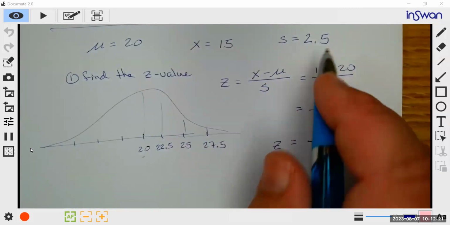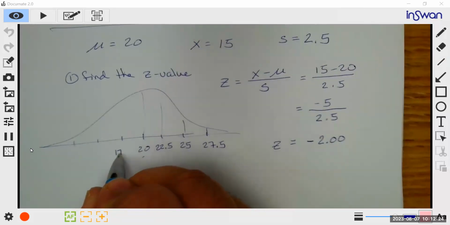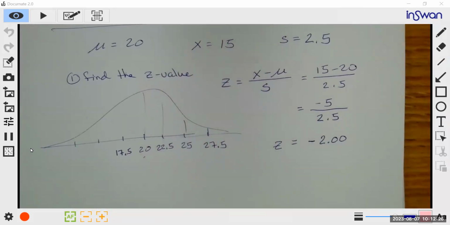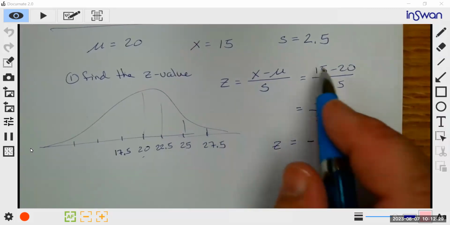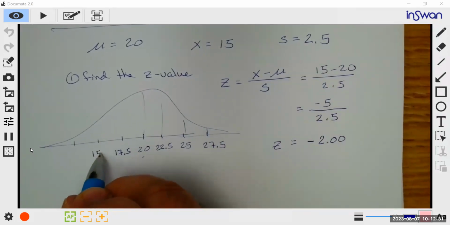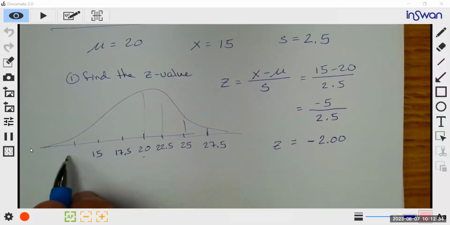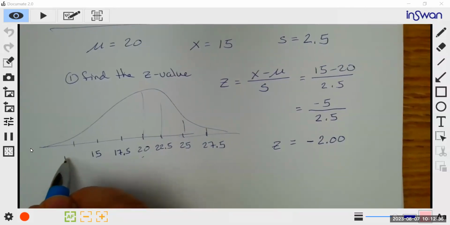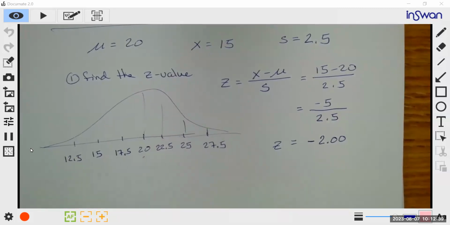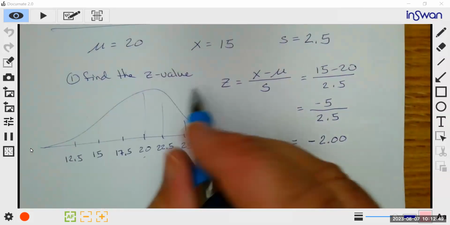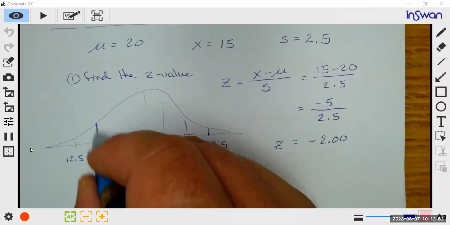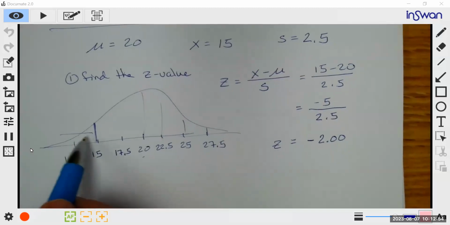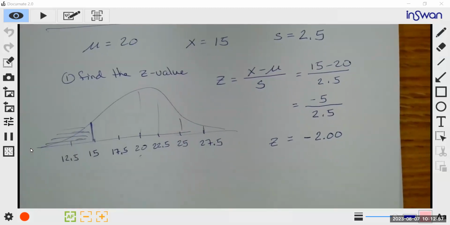So 20 minus 2.5 is 17.5. 17.5 minus 2.5 is 15. 15 minus 2.5 is 12.5. So our X landed right here. And the number we're going to look at is everything to the left of that.